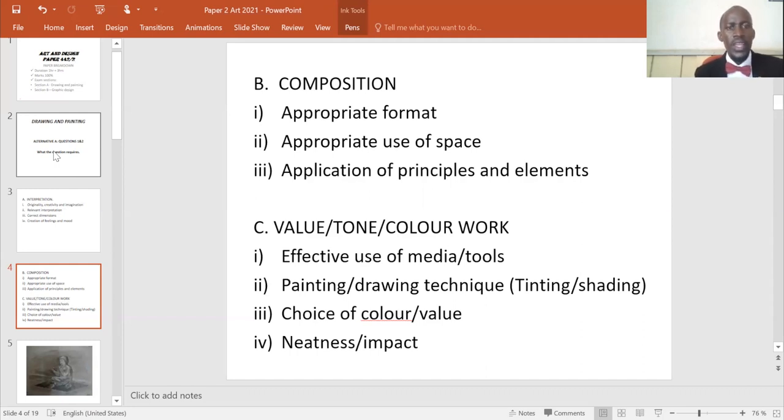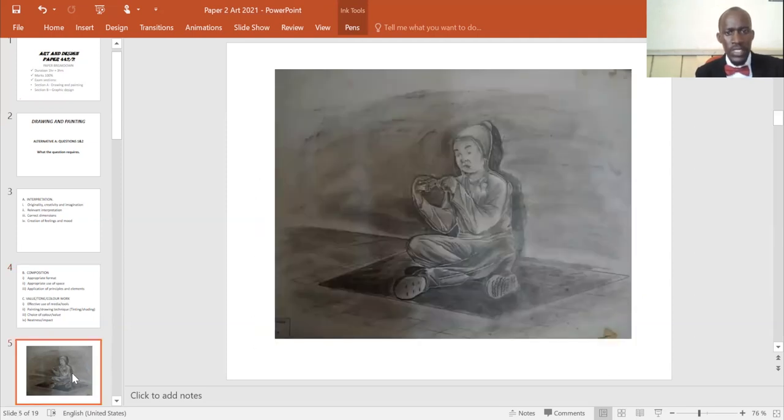Then the second bit in a composition is appropriate use of space. Remember, we acknowledge space as one of the elements of art and design. Then we have the positive space and the negative space. For instance, let us shortly jump to slide number 5, that particular artwork.